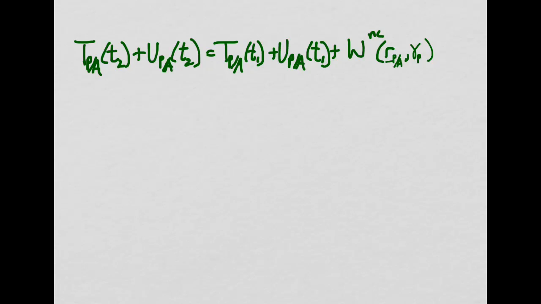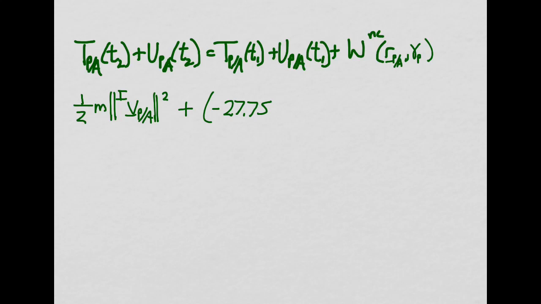So now let's insert each of these parts into our expression. Our kinetic energy at time 2 is going to be 1/2 m Vp with respect to A as observed in the inertial reference frame squared. Then we're going to have our potential energy at time 2, which we calculated as negative 27.75 joules. Then this is equal to our potential energy at time 1, which we said is 0.